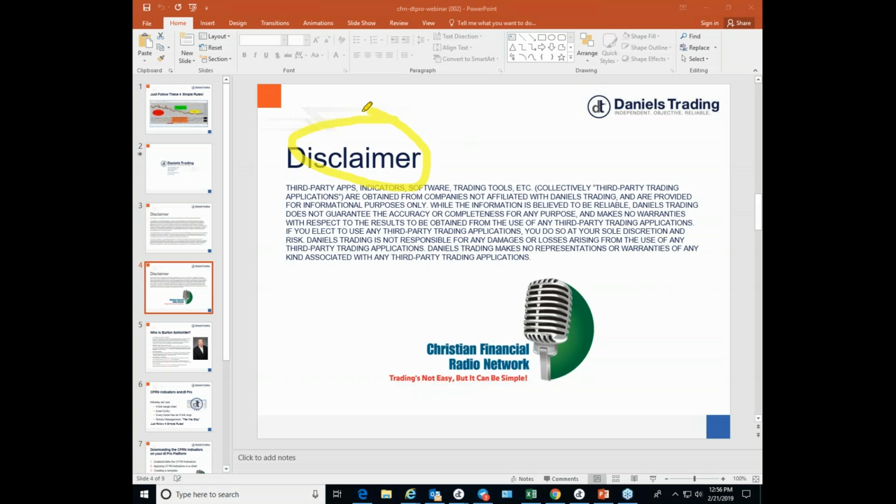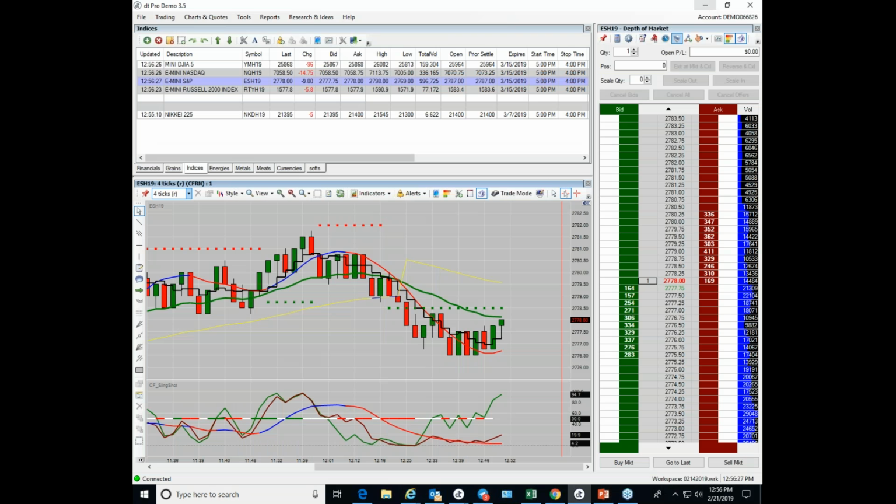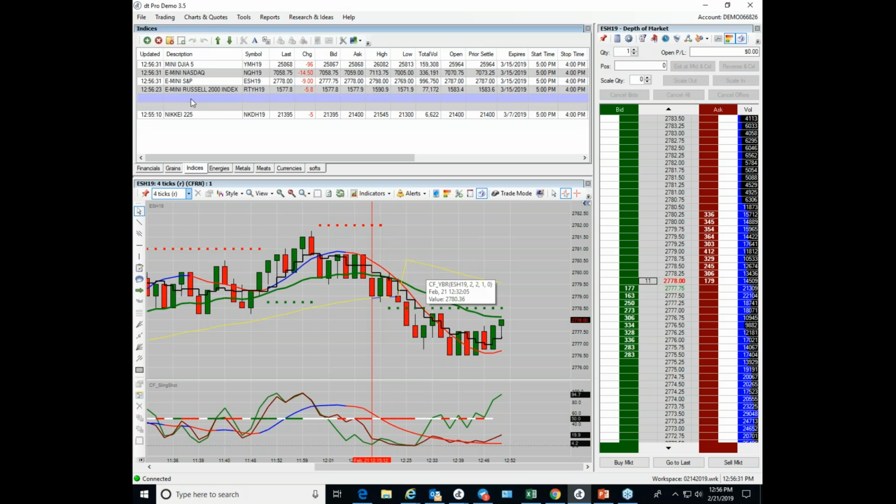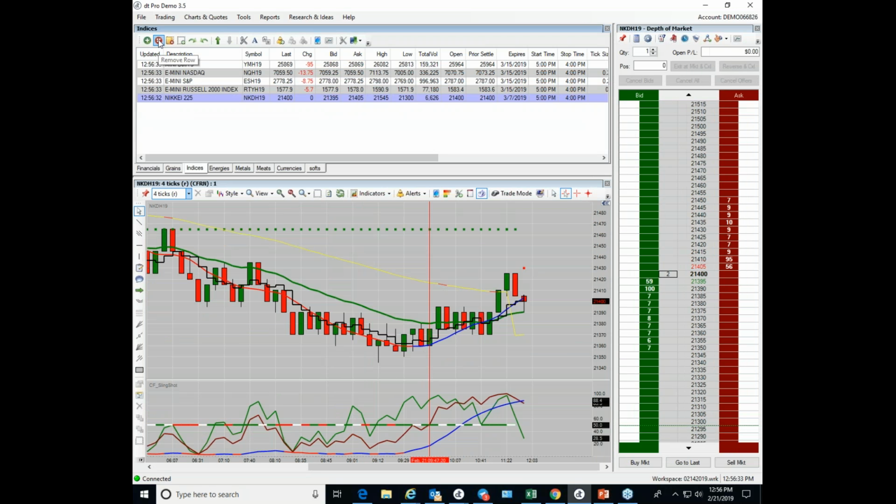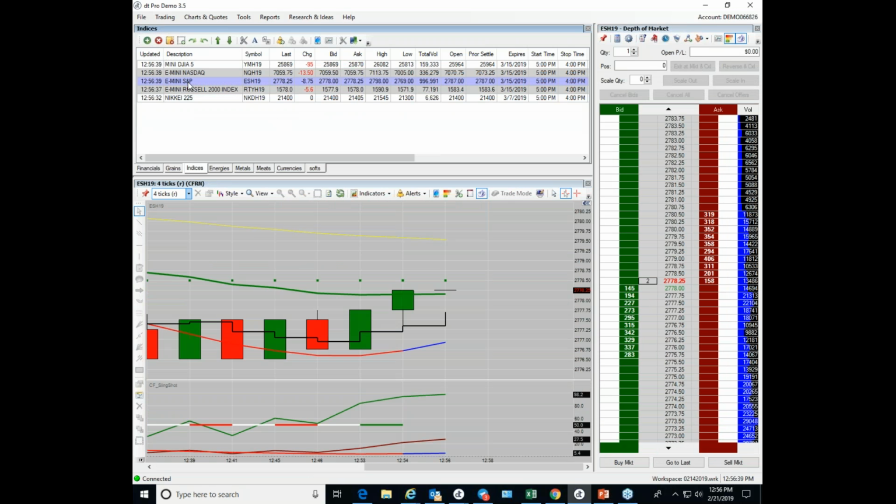So, second disclaimer is my relationship with CFRN. What you see here is the platform, DTPro. The indicator set that you see on the platform is property of CFRN.